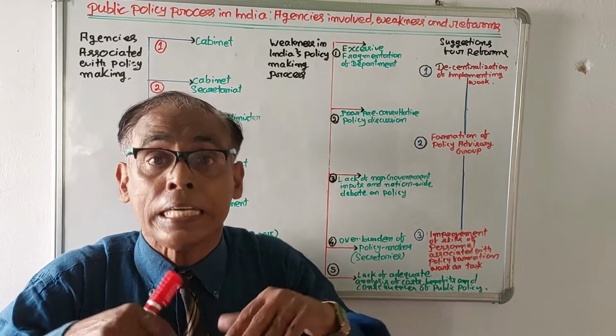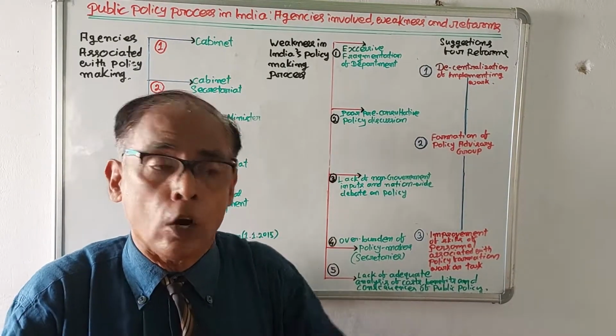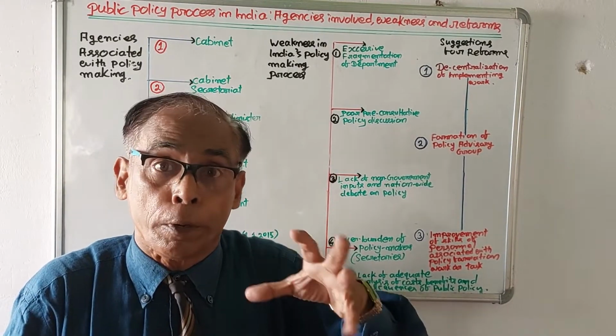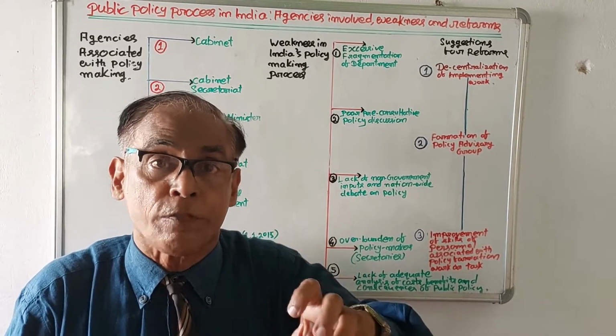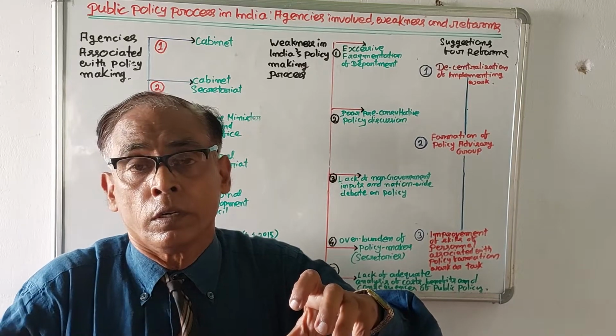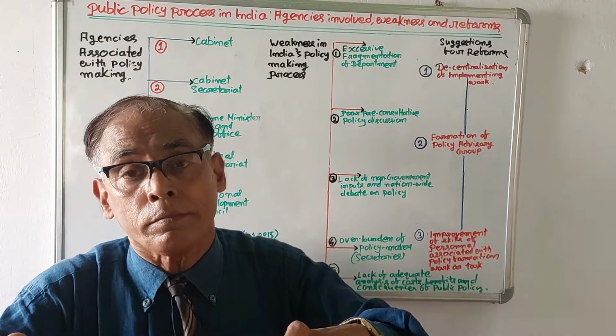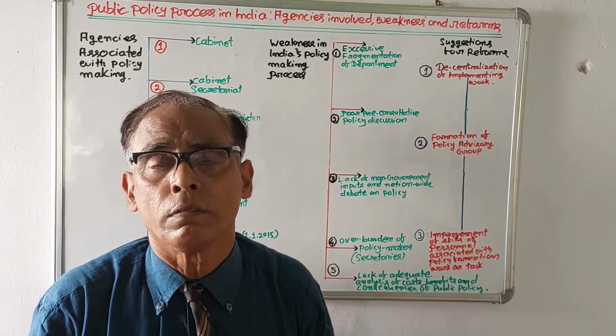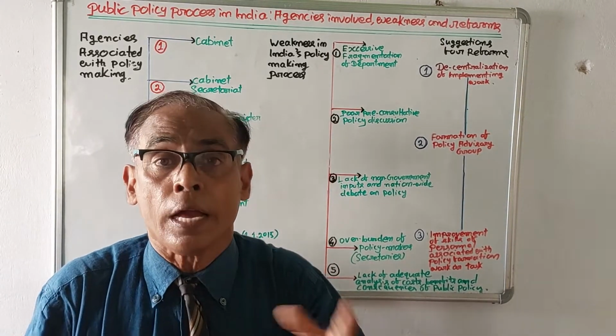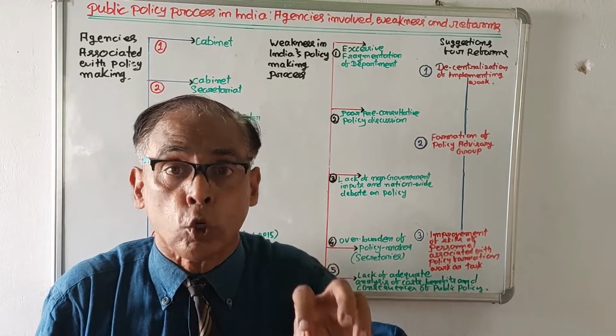Then they can at least advise how public policy can be prepared in a better way, what will be their consequences, benefits, and in which way they will be implemented. So in India, the formation of an advisory group is necessary.